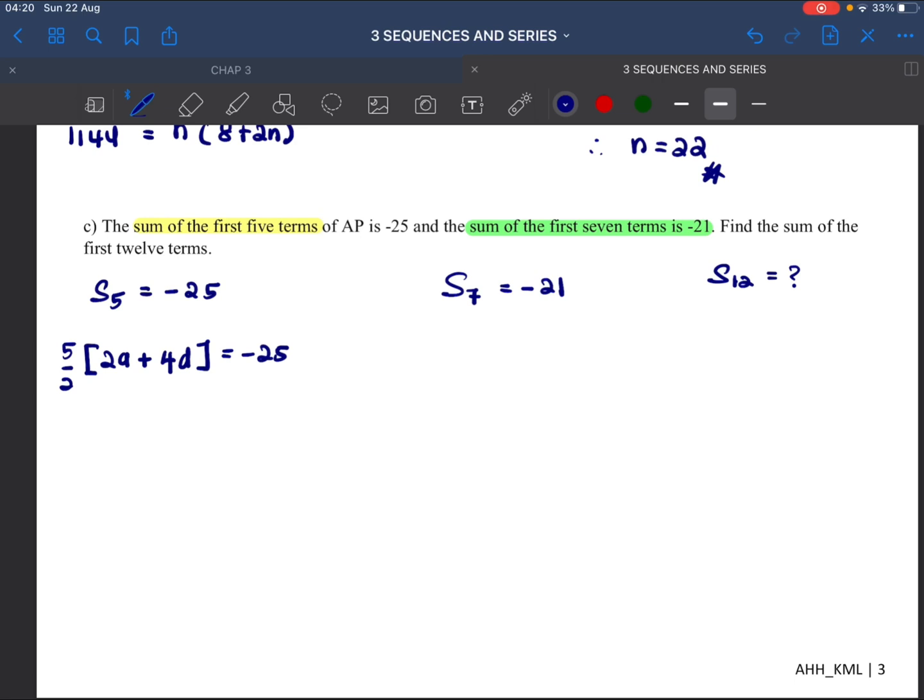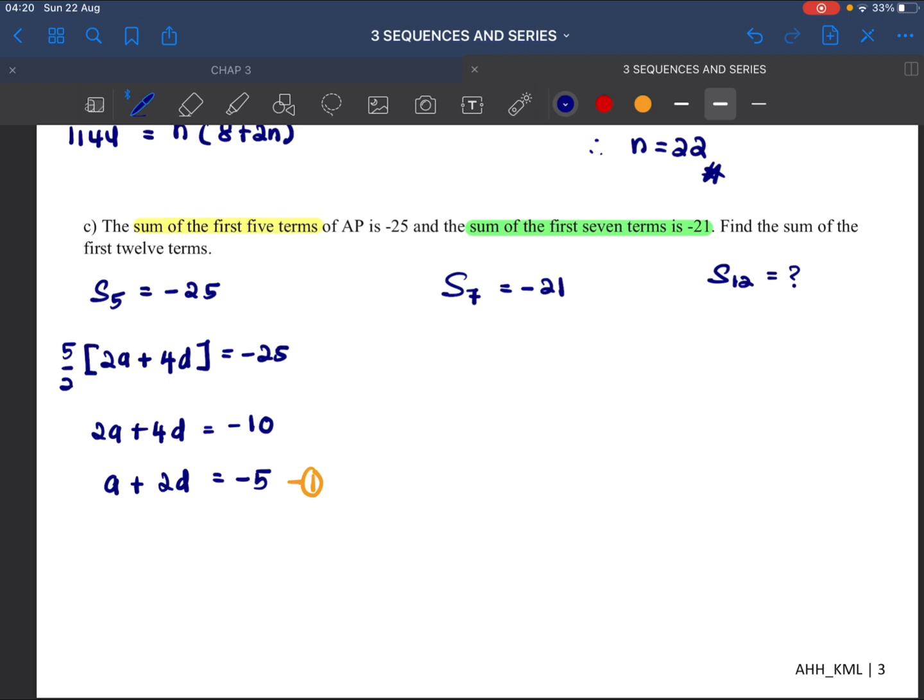Okay, simplify our equation. We have 2a plus 4d is equals to negative 10. And then again simplify, we can divide by 2, we will have a plus 2d equals to negative 5. Okay, so this is going to be our first equation.